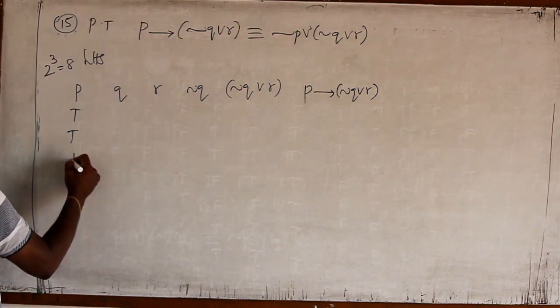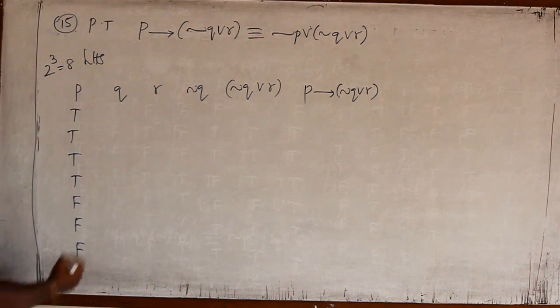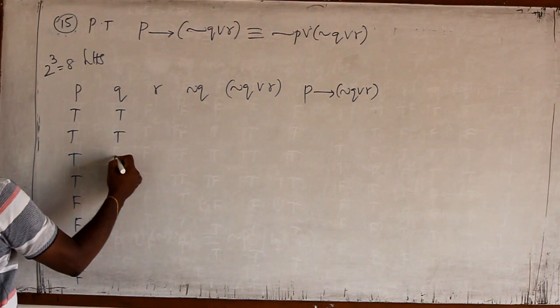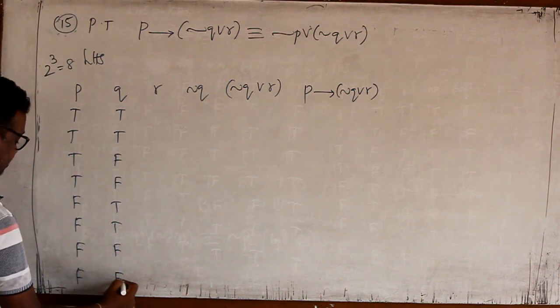So 8 elements: T, T, T, T, F, F, F, F. Q: 2 T's, 2 F's, 2 T's, 2 F's.